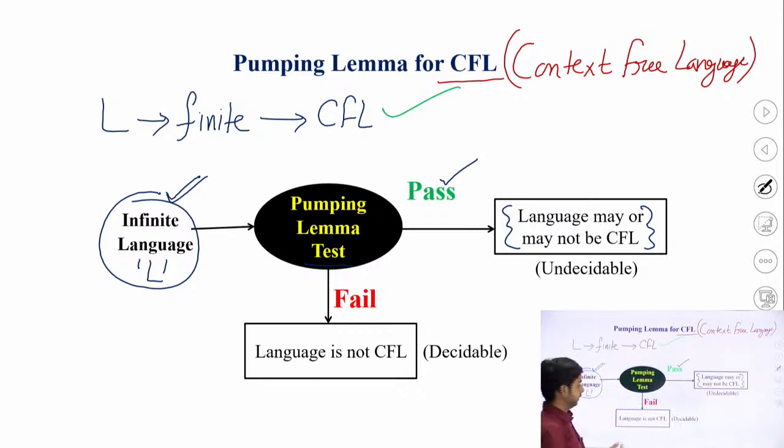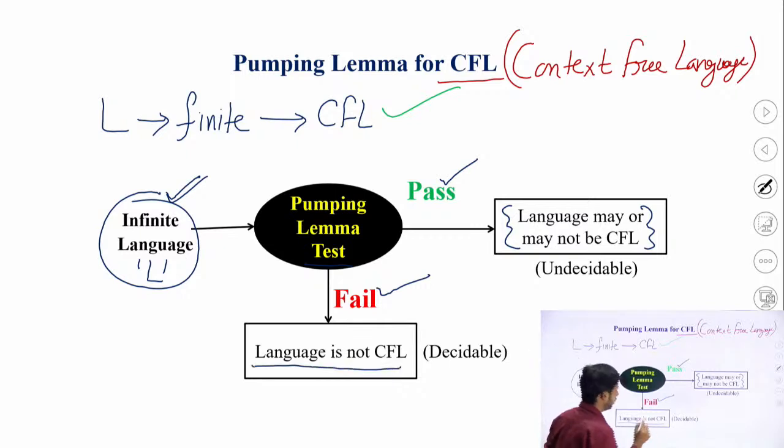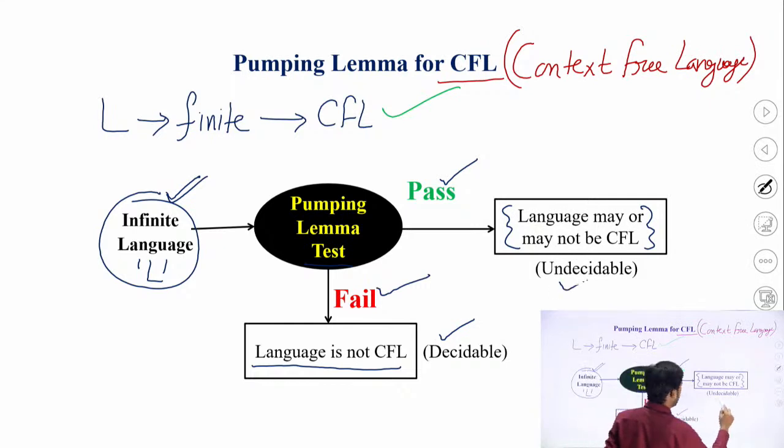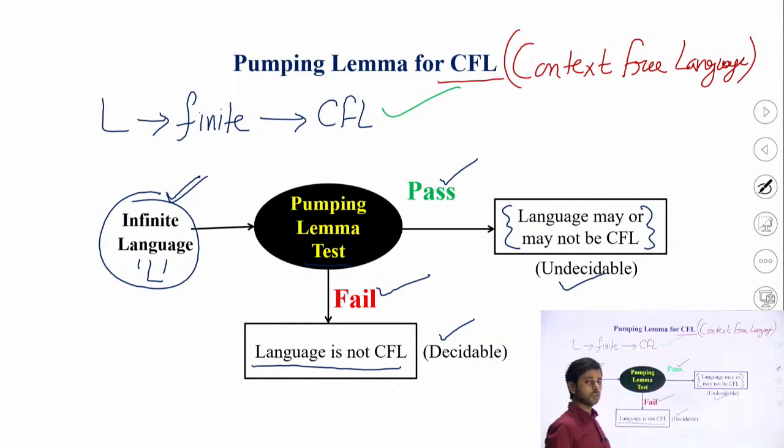But if the pumping lemma test fails, then we definitely can say that the language is not CFL. To identify that a language is not CFL is a decidable problem, and to identify that a language is CFL is undecidable.